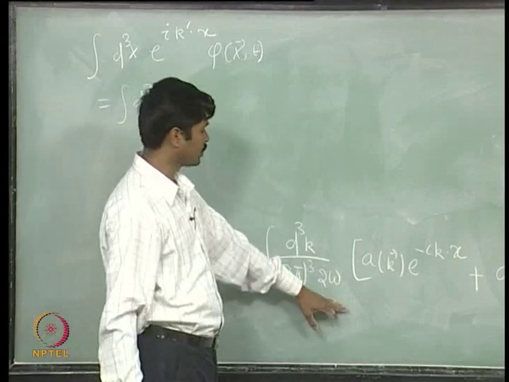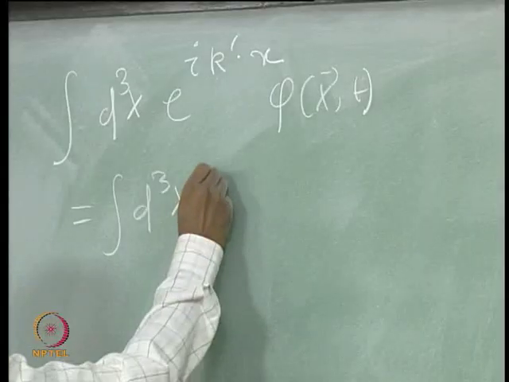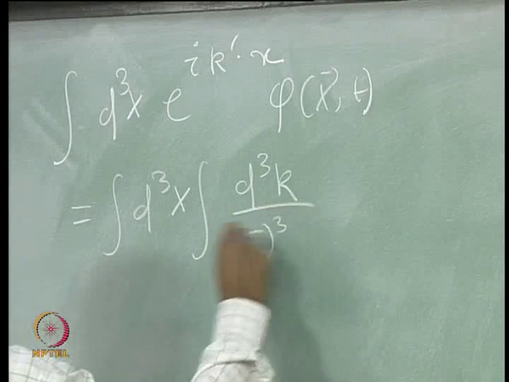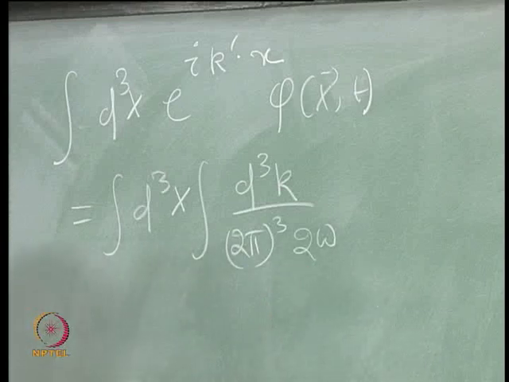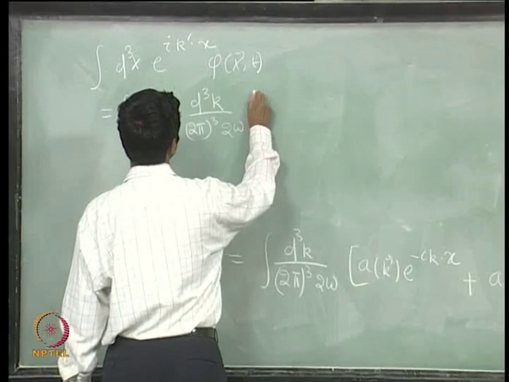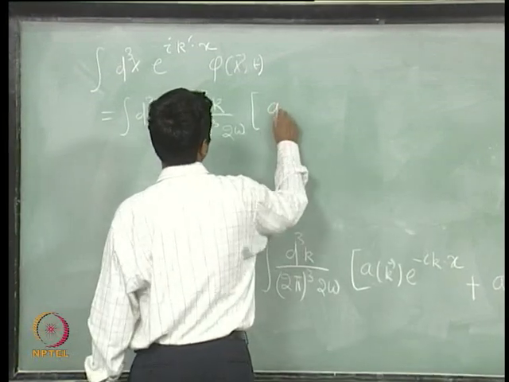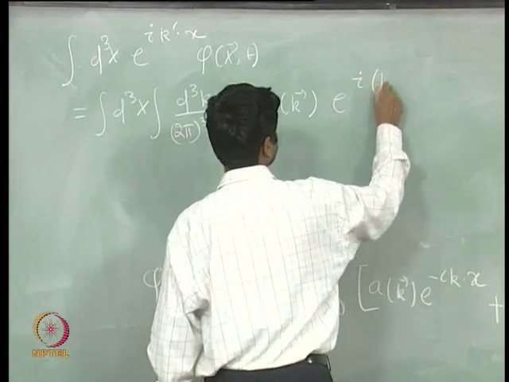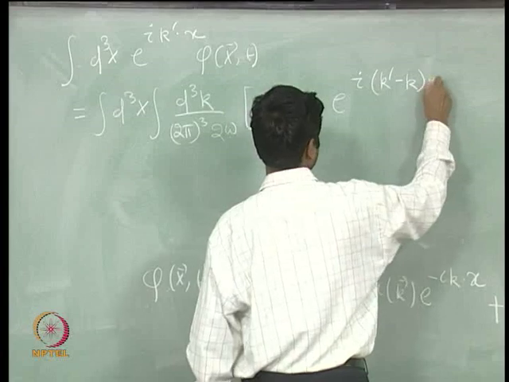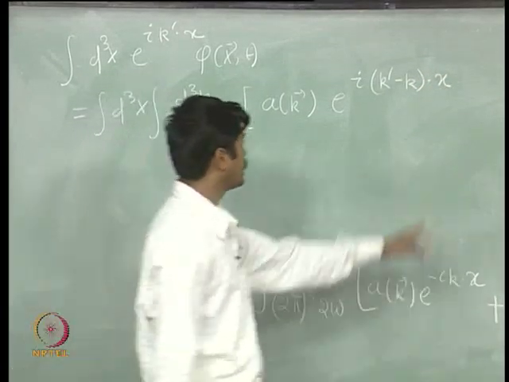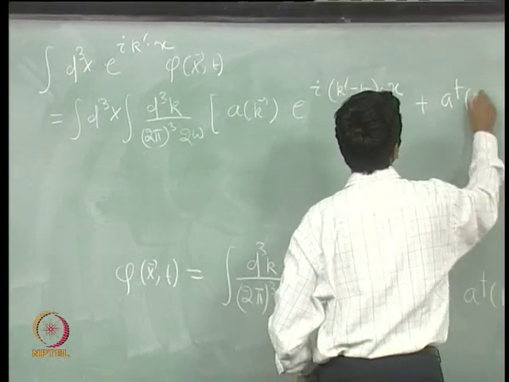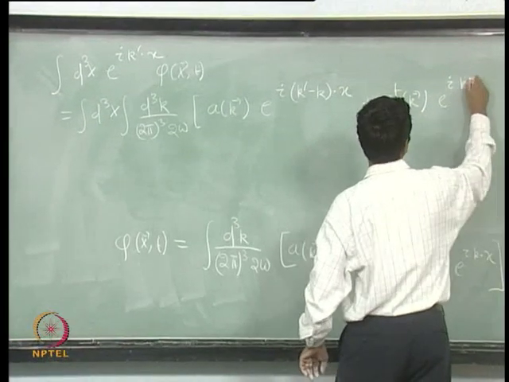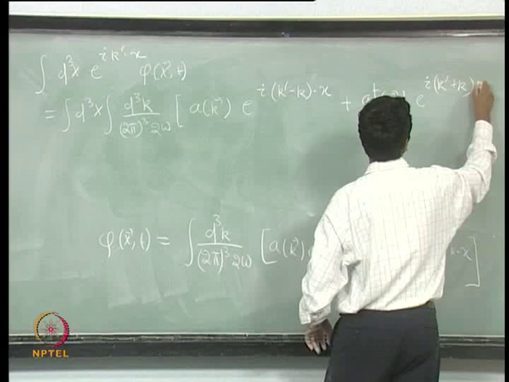When we use this solution here, then integration d cube k over (2 pi) cube 2 omega times a k e to the power i (k prime minus k) dot x, and here plus a dagger k e to the power i (k prime plus k) dot x.